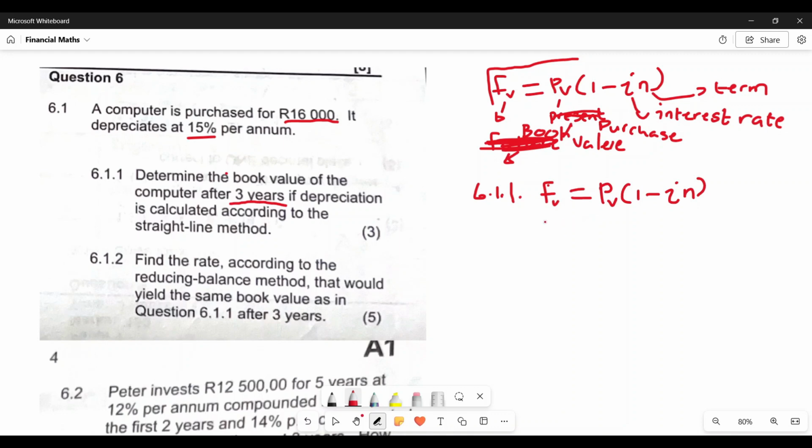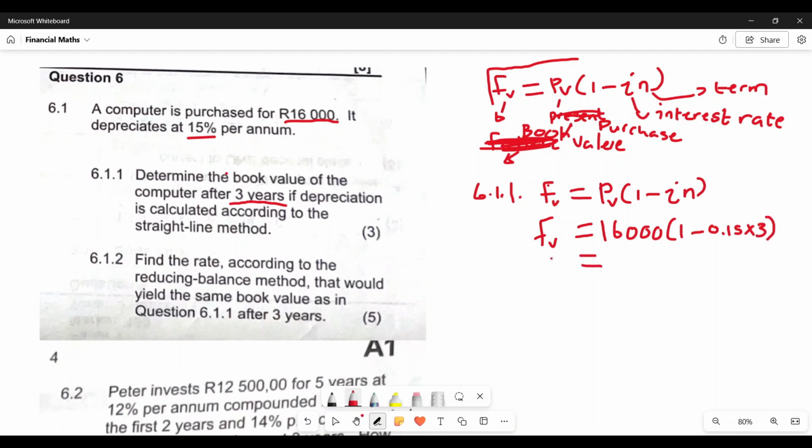So we are going to say the book value represented by FV is equal to 16,000, open bracket, 1 minus 15%, which can be written as 0.15, and then we are going to multiply this by N, which is in this case 3 years.